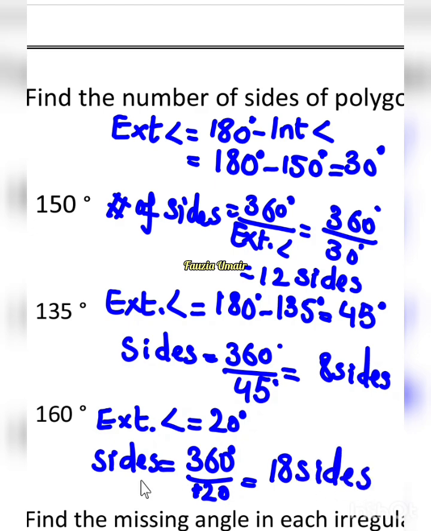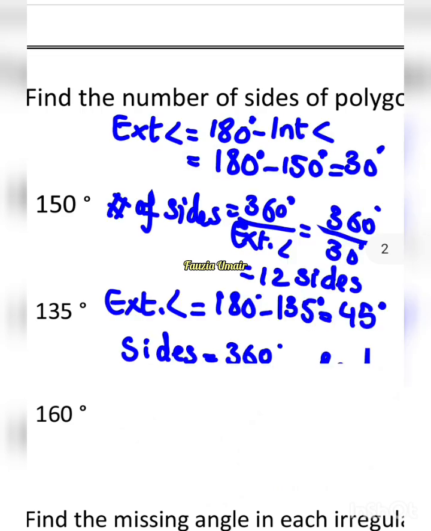So in short, for these questions, you need to remember that if the question is regarding the number of sides of a polygon, you need to know the exterior angle, because only then can you find the number of sides. So moving on to the fourth question.